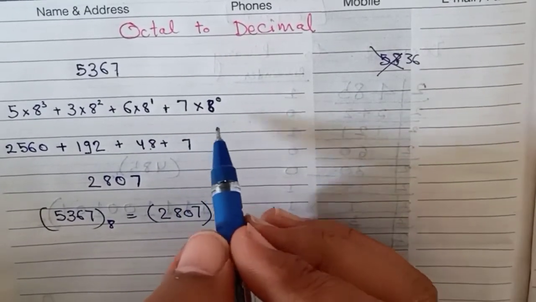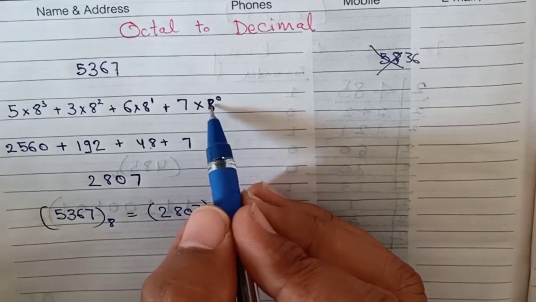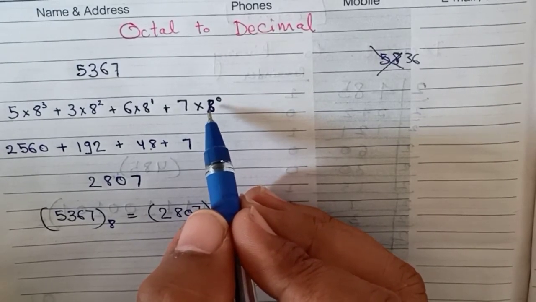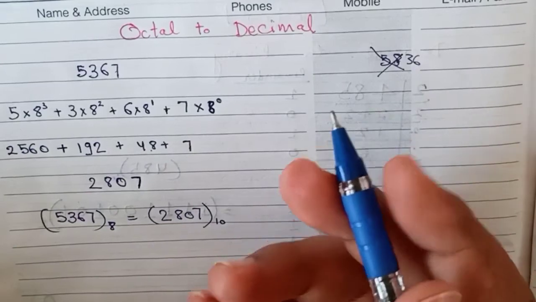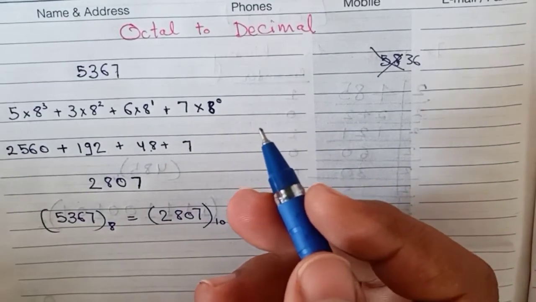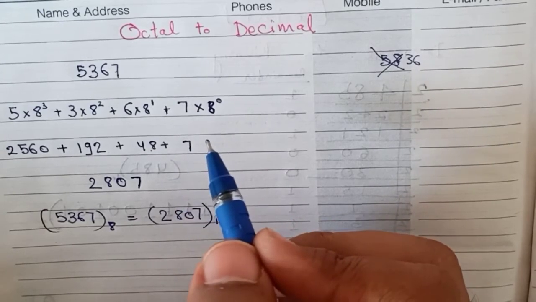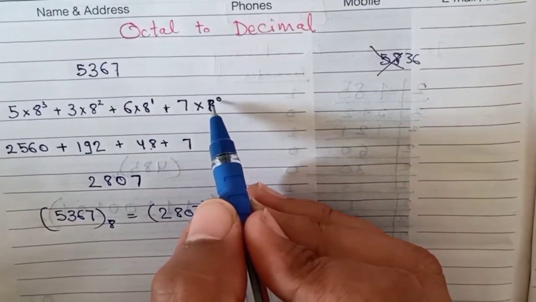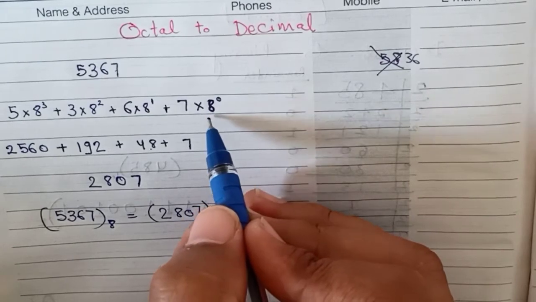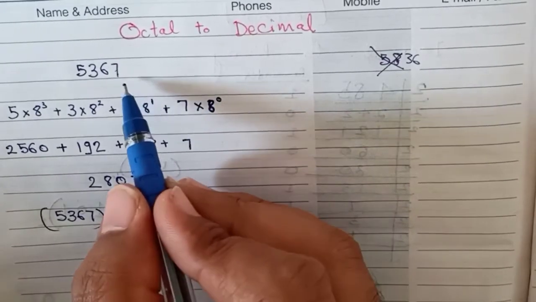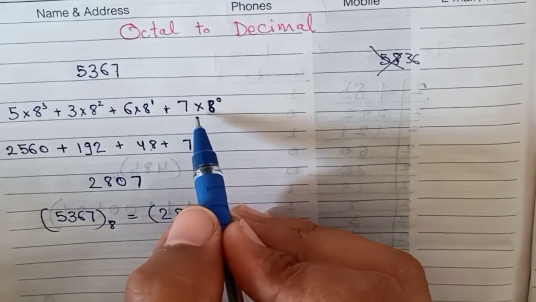Even in the previous lecture, we started from the explanation of a decimal number. We expanded a decimal number and then converted our binary number into decimal. There I tried to teach you that we multiply the number with the powers of the base.